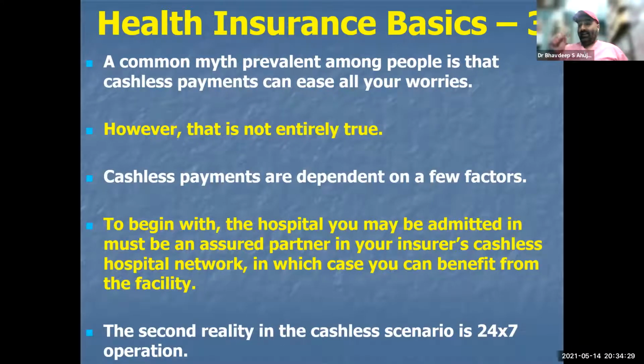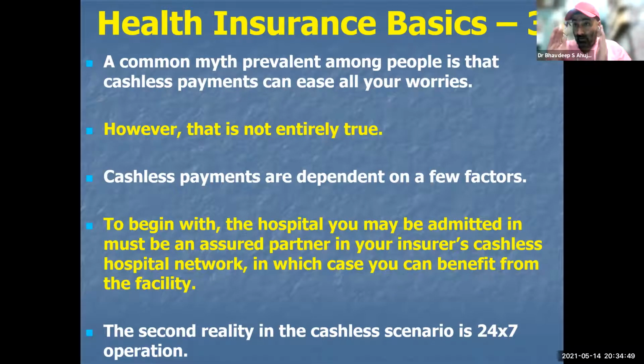And the second scenario in a cashless thing is that not all hospitals would work 24/7. Yes, most of the tier 1, 2 cities usually have a help desk, but the reception help desk and the insurance help desk are different things.